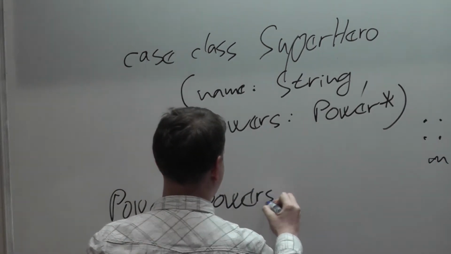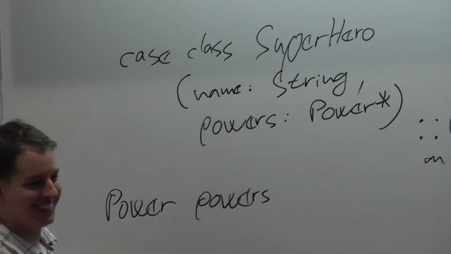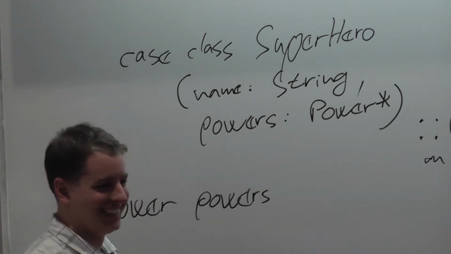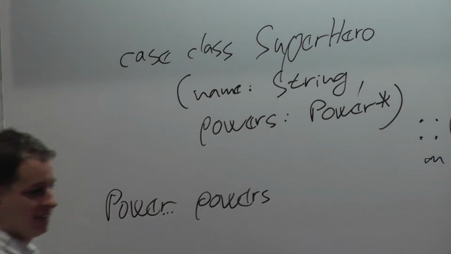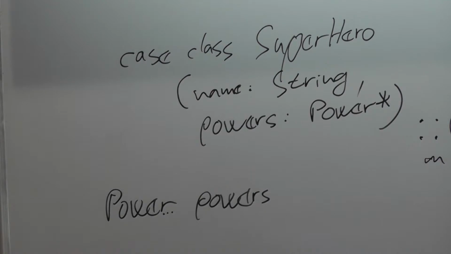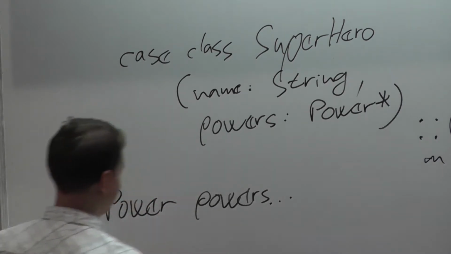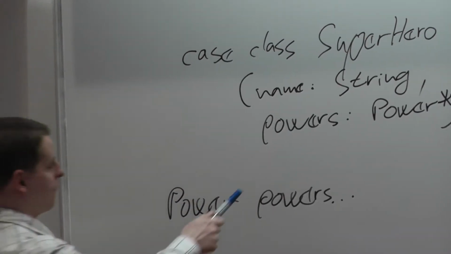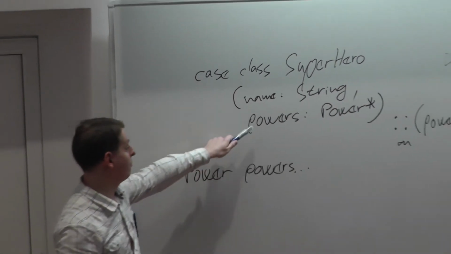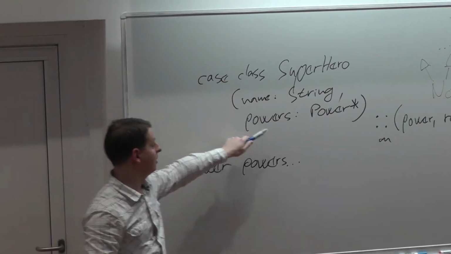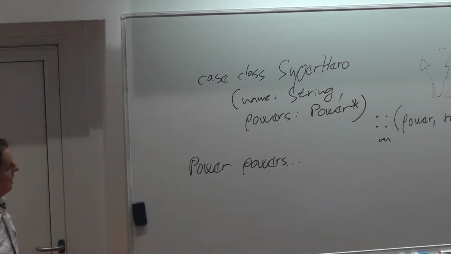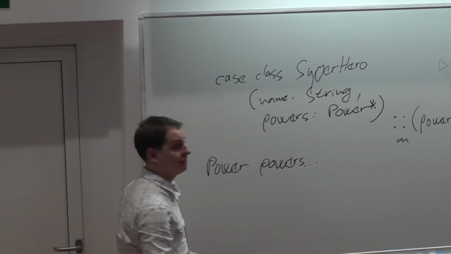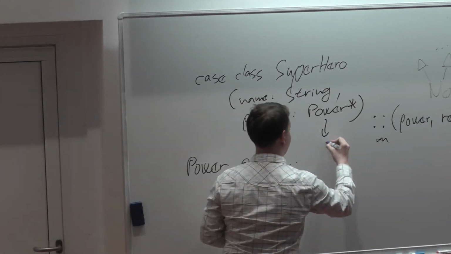Where are the 3 dots? Is it here or here? After the type. Here. Actually, I think it's after the name. It's here. Yeah, I'm not sure. So this means there is a variable number of parameters denoted by a star. In Java it's 3 dots. So it's the same. And under the hood there is a sequence.